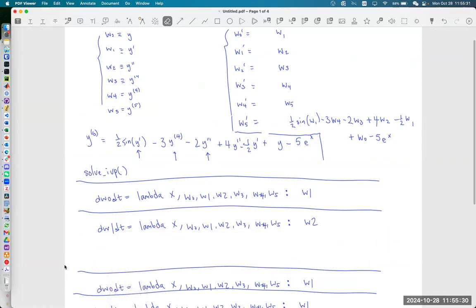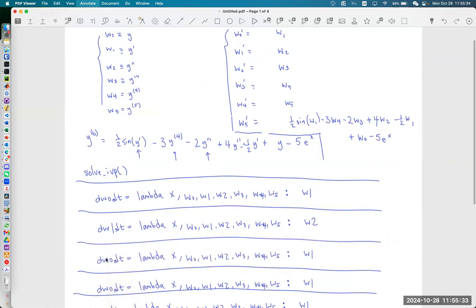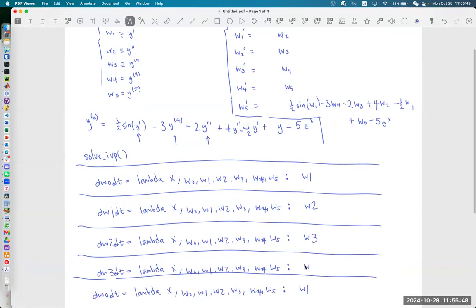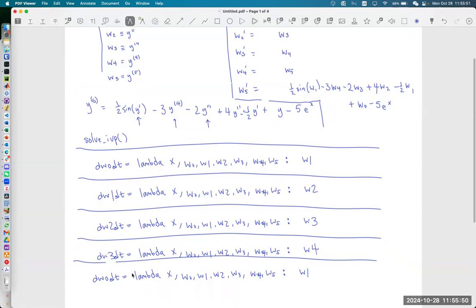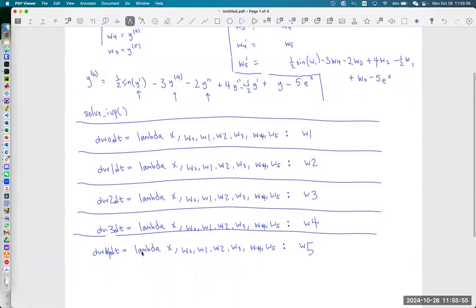So dw2 dt is equal to w3, dw3 dt is equal to w4, and dw4 dt is equal to w5. The different thing will be dw5 dt is equal to, so this part is still the same, okay?